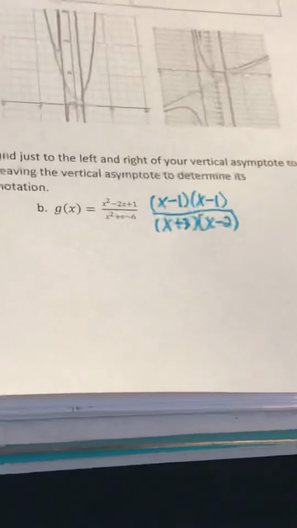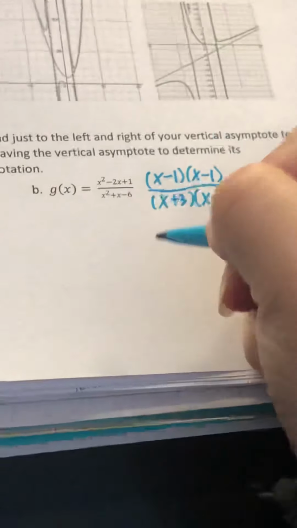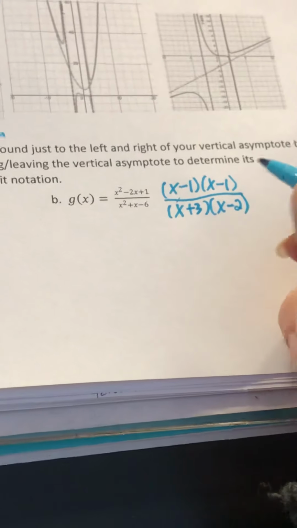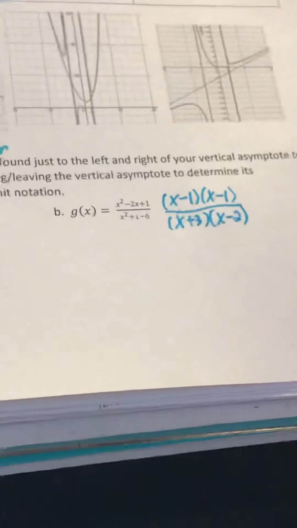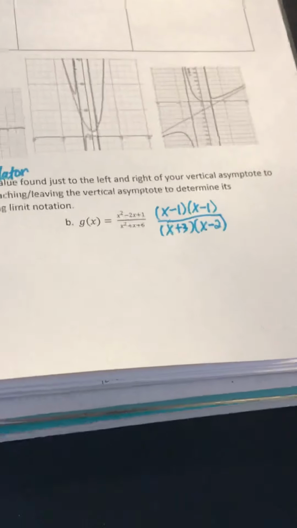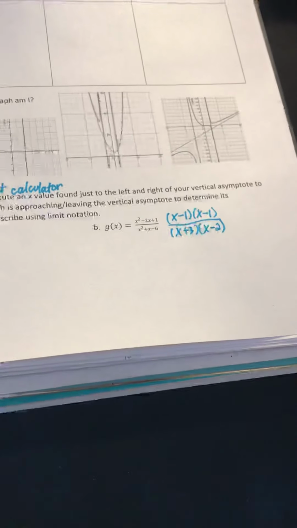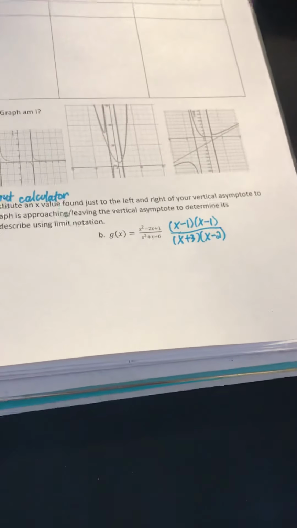I'm going to zoom in a little bit so you can see. Okay. Now what we're going to do is we're going to see if anything cancels, because remember, if anything cancels, those are called the holes. Unfortunately, nothing cancels. So we're going to go ahead and start off with the asymptotes.